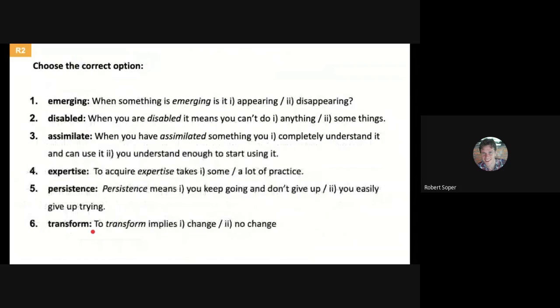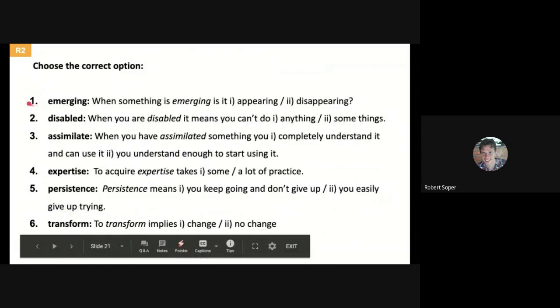All right, so let's move ahead now. We're going to be looking at these words and choosing the correct option. So we're going to be looking at the 6 words and the sentences that come after them, and then choosing the correct option in the sentences that follow. For example, we have number one, emerging.